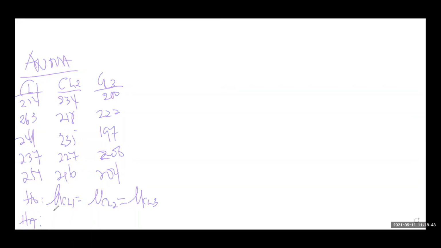Then we can say that at least one of them is different from the other, or not all the mu i's, i goes to club 1, club 2, club 3, are the same. Or you can also write it as mu club 1 is not equal to mu club 2, also not equal to mu club 3. Doesn't matter, whichever one you write is the same.